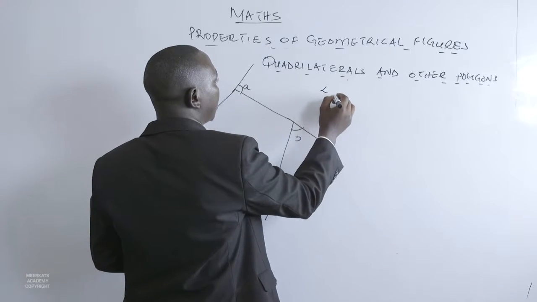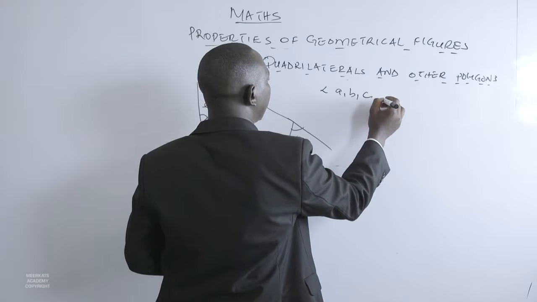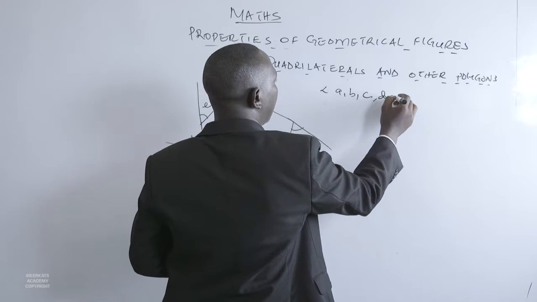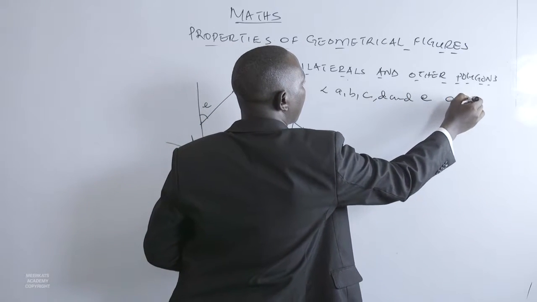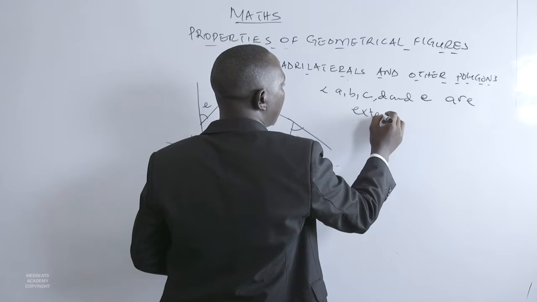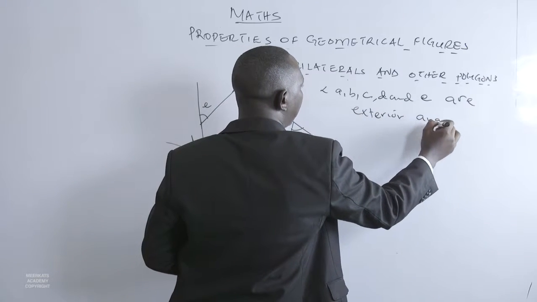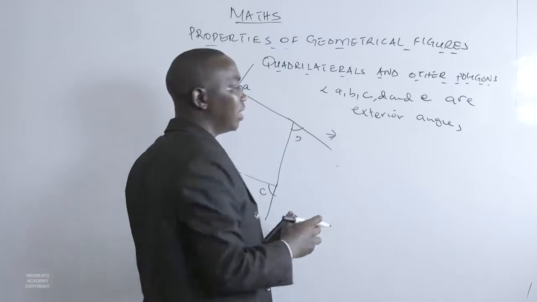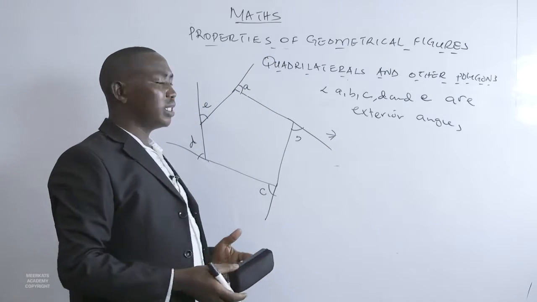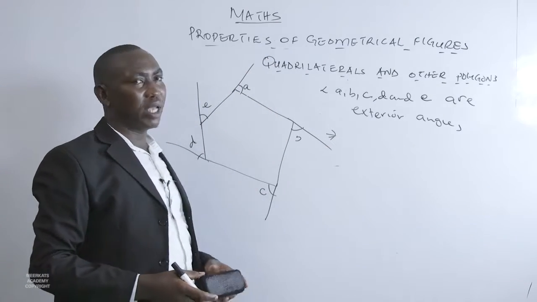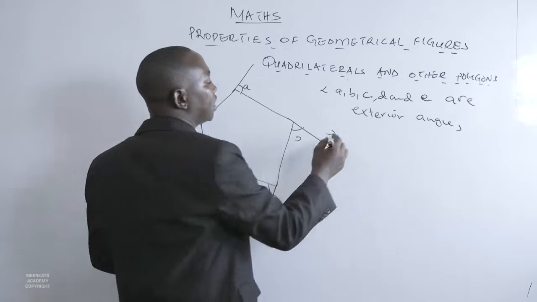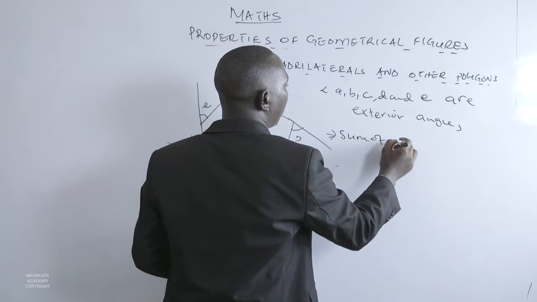So angles A, B, C, D, and E are exterior angles.